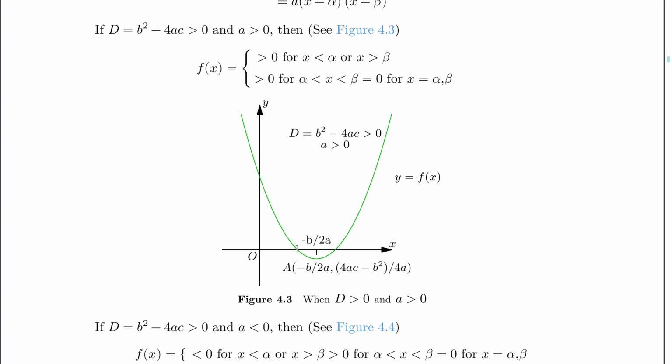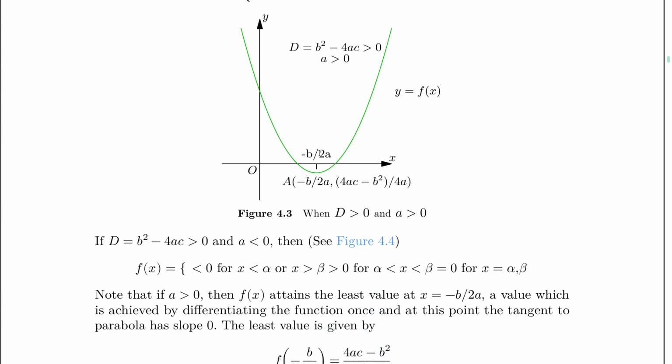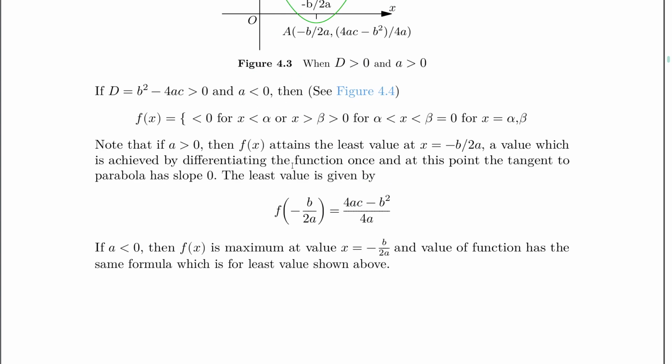And you see when x is less than alpha and beta both, that is this area, the one above the x-axis but towards the left side, f(x) is positive. And also when it is greater than both, it is again positive, but in between it is negative. So this is how it works out. From the plot you can see that.